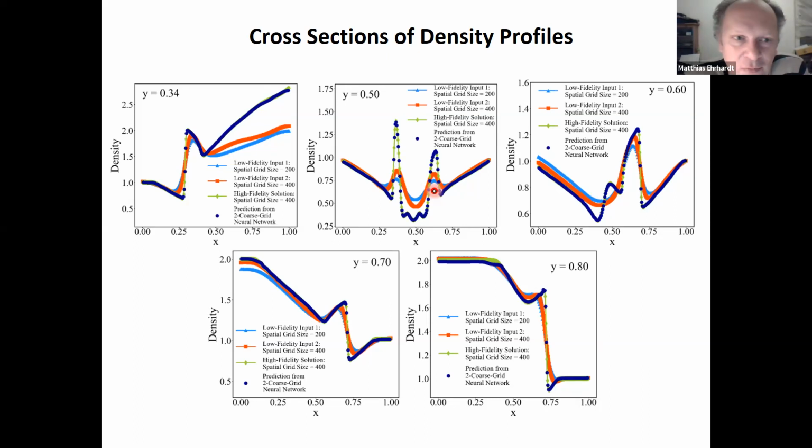Also, the network is very small, I think only three levels, so it's computationally very cheap.